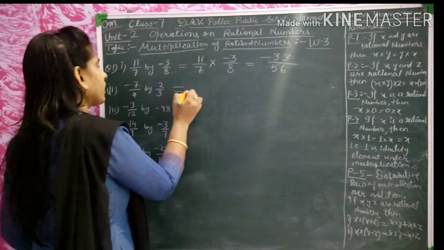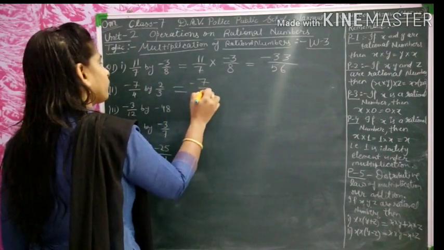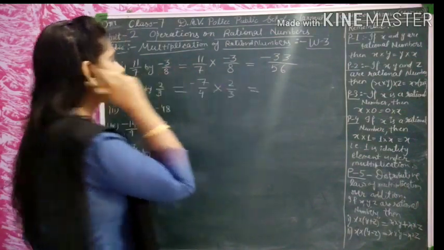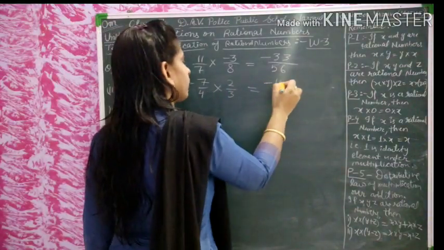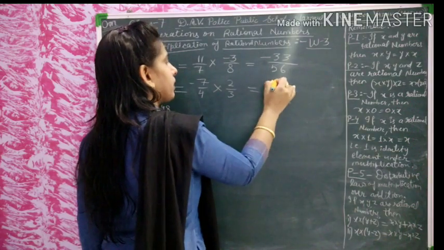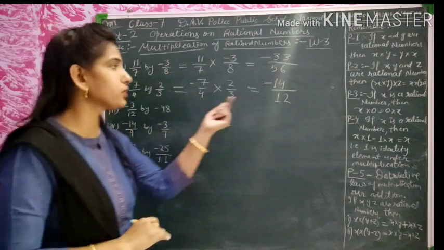Now we will go to the next step, part 2. Minus 7 by 4 multiplied by 2 by 3 equals minus 7 2s, that is minus 14, and 4 3s are 12. 14 by 12 is this number. Is it clear students?